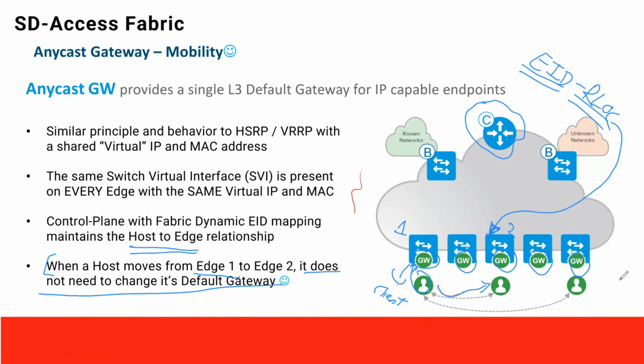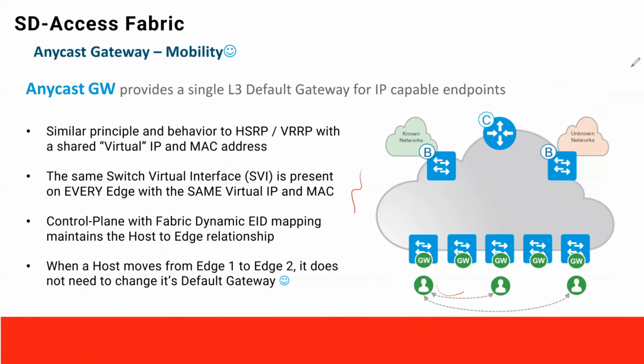So suppose we have more than one SVI, obviously you'll have more than one. All these SVIs are present in every edge node, right? Yes, you're correct. Every SVI will be present on every edge node. This is similar to VTP transparent mode, where you configure all the VLANs on all of the switches, right?